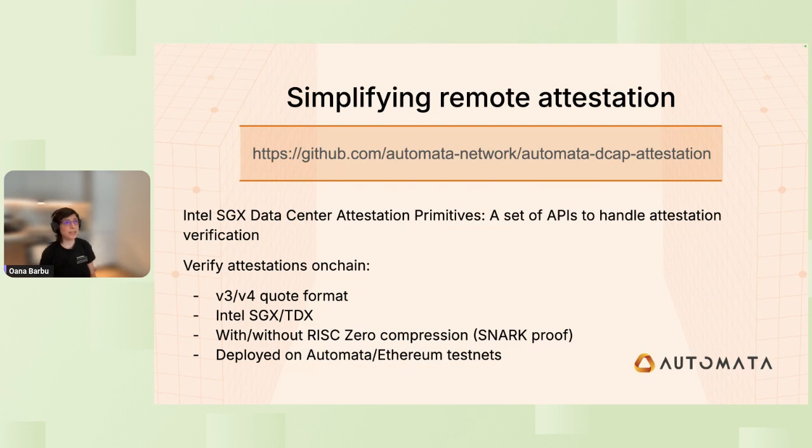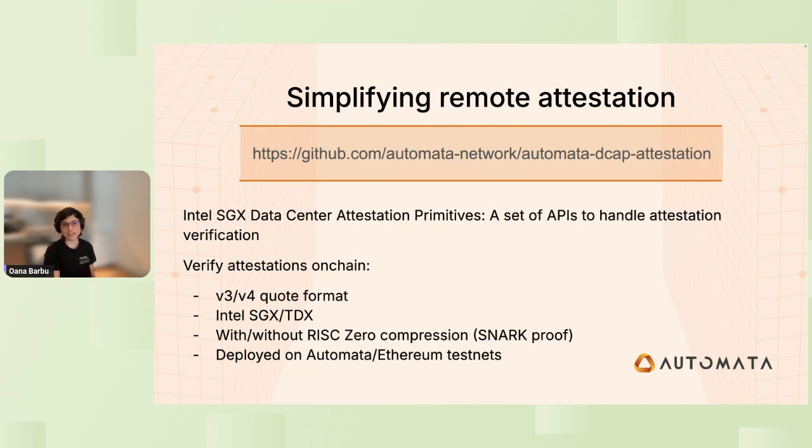And in order to reduce the cost, we also have an alternative: to verify a SNARK proof, a zero knowledge proof, instead of verifying the attestation. So basically what we do is that we run this RISC Zero program that produces a SNARK that proves the attestation is correct.